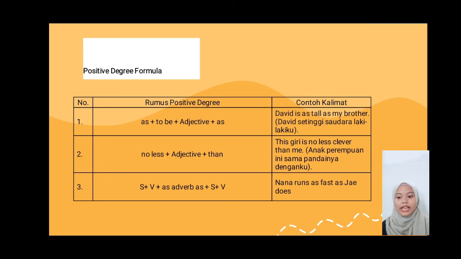Example sentence: this girl is no less clever than me. Third, subject plus verb plus as plus adverb plus as plus subject plus verb. Example sentence: Nana runs as fast as Joy does. So, the positive degree formula can use as plus adjective plus as.